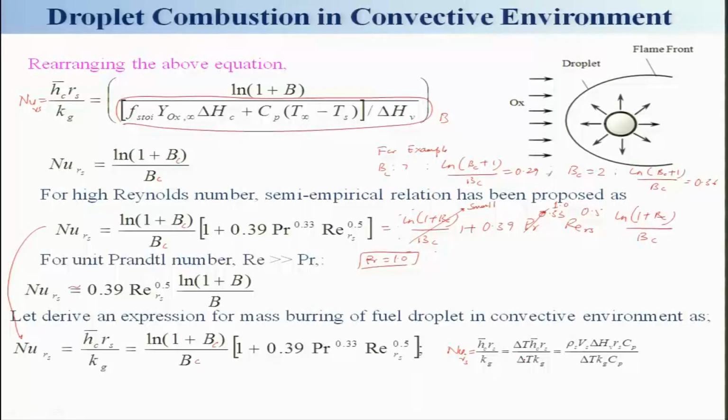And in place of this, we know that delta T SC is nothing but your rho S V S delta Hv, so in place of this I can use this one. We have already done that, rho S V S delta Hv Rs, and I am just multiplying Cp in the numerator and Cp in the denominator, and delta T remains same.